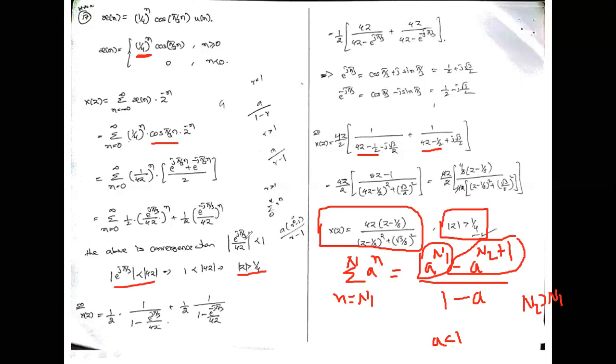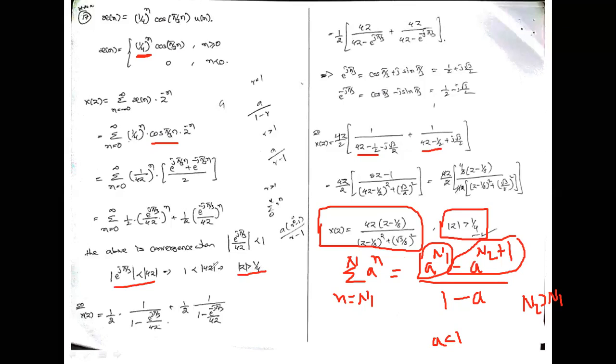e^(jπ/3)/4z is less than 1 because its magnitude is less than 1. And we already know that it is 1/4z. z is greater than 1/4 because of the unit step u[n]. Got it?